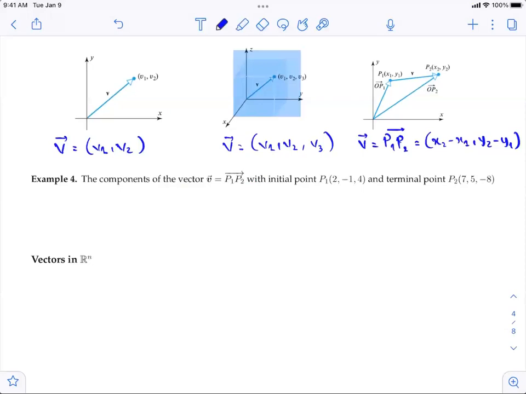So you get v equal to p1, p2 equal to 7 minus 2, 5 minus -1, -8 minus 4. And you get the vector with the following components: 5, 6, -12.